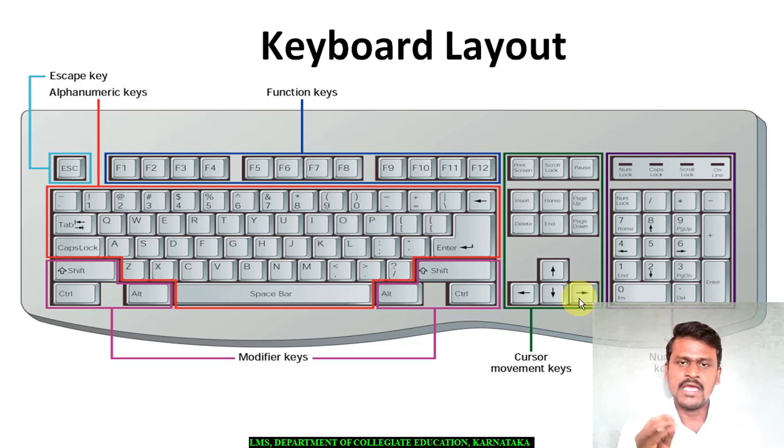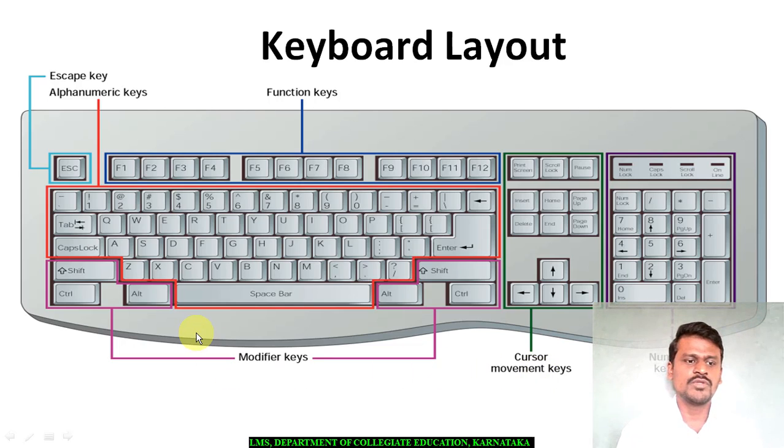These functions can be handled using the cursor keys even if your mouse is not connected to the CPU. So these are helpful for moving the cursor within any document, right? For that purpose these cursor movement keys are used.